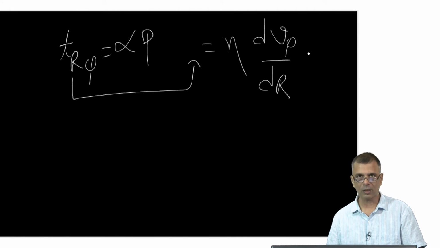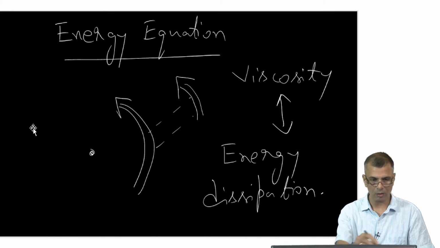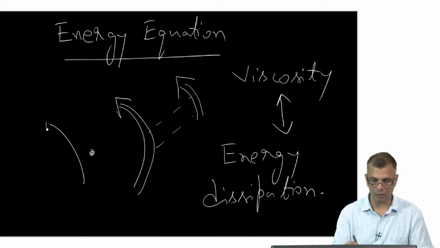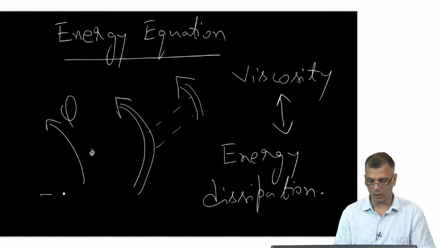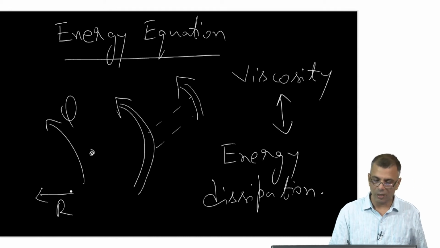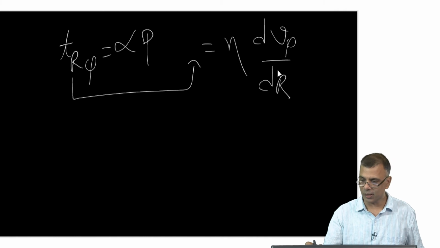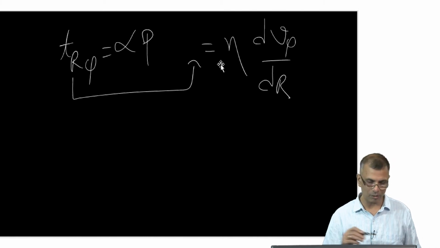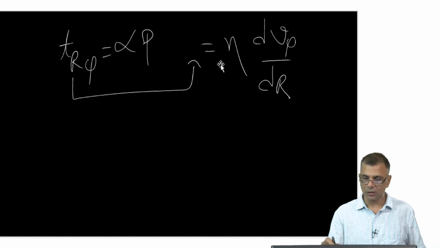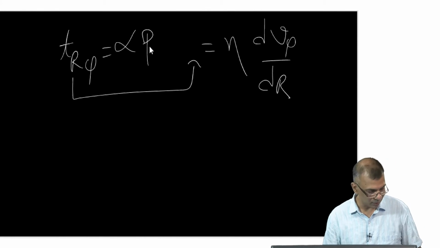right. So, it's like this, there is a dV phi, this would be the phi direction and this would be the r direction, and so there is an r directed gradient of the phi component of the velocity. That is exactly how this is written. So, this is the basic definition and we parameterized it as alpha p, isn't it?